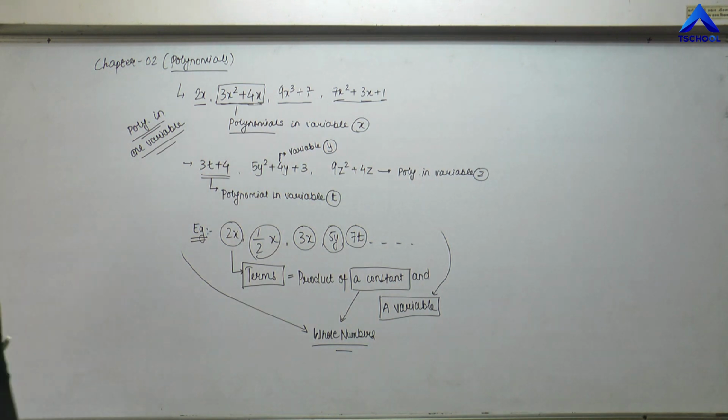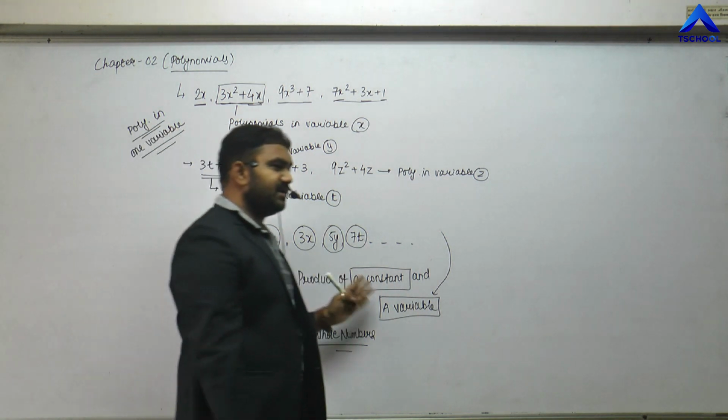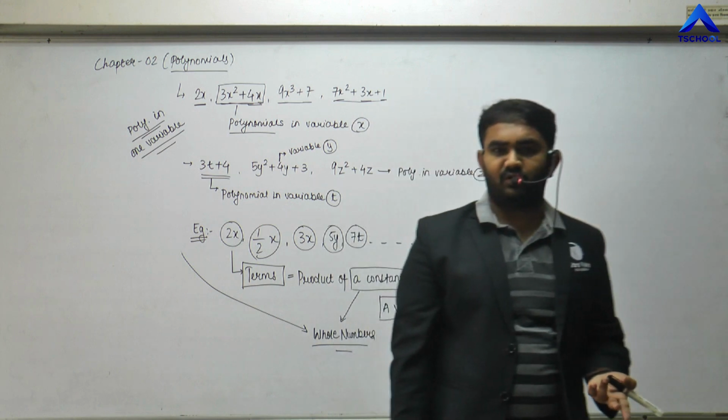Okay, so that is about polynomials in one variable, how polynomials are formed, and some examples of polynomials in one variable. Now, as we discussed here, the powers of the polynomial, the exponents of the variables present in these polynomials, will be whole numbers.